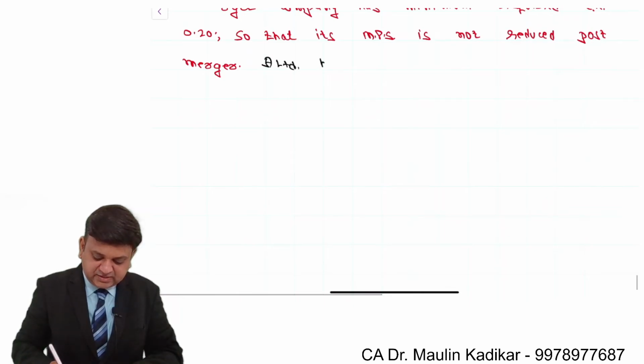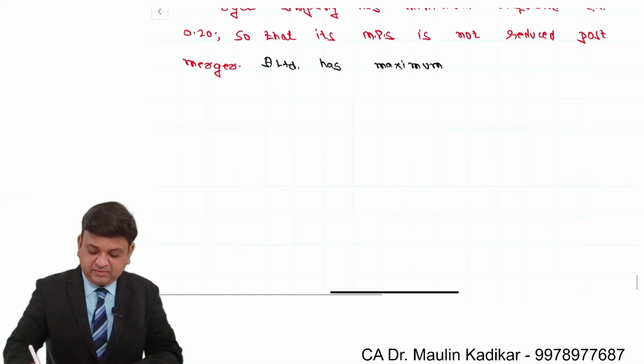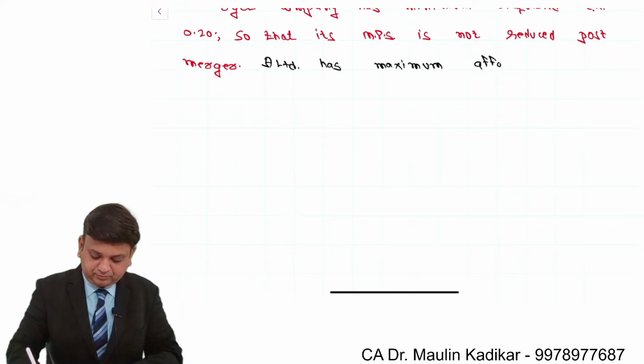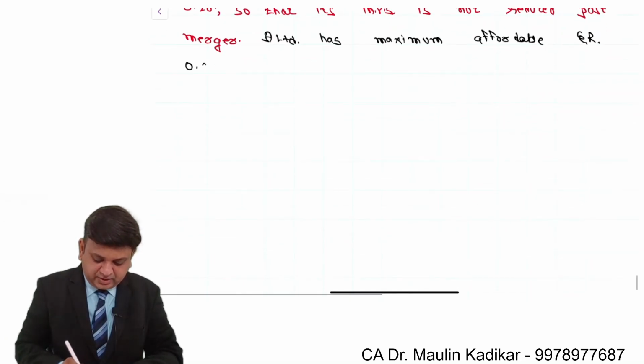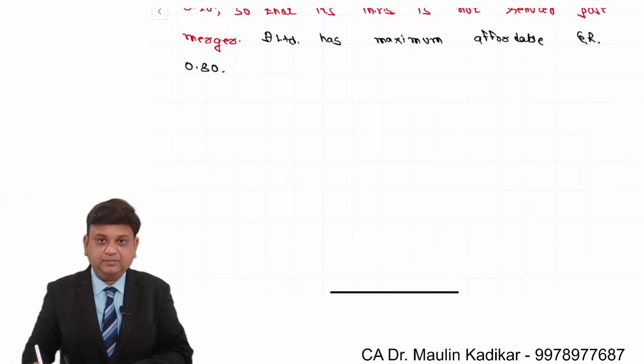A Limited has maximum affordable exchange ratio 0.8, full stop.